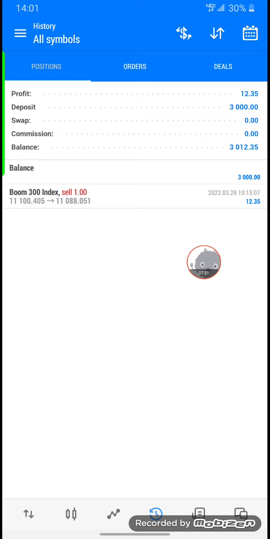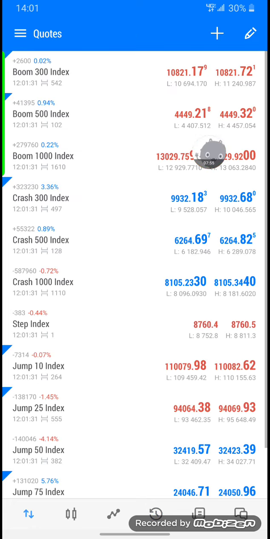So yeah, previously my deposit used to be only $100, $50, $30, but now I can deposit any amount I feel like depositing and withdraw anytime I feel like, so yeah, let me show you how I'm gonna do this.